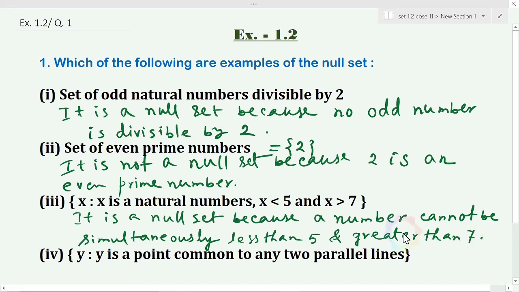There is no number that is less than 5 and greater than 7. Okay. So this is a null set.